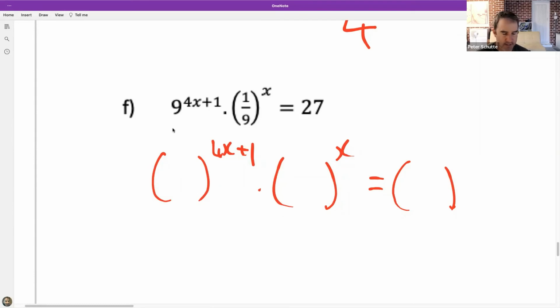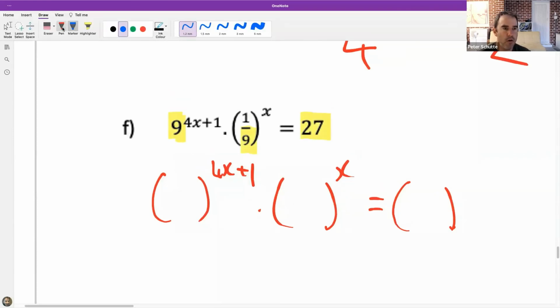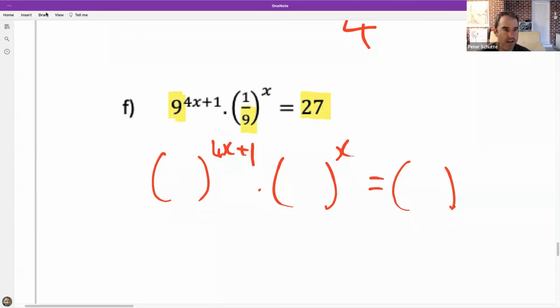What we've recognized at the beginning of this question is that even though the base is 9, 9 is not a prime number, and I want to break my numbers down into a base 3. This is the key insight for this question. So once you realize that, how do you actually do it? Well, 9 is 3 squared. This is 1 over 3 squared.